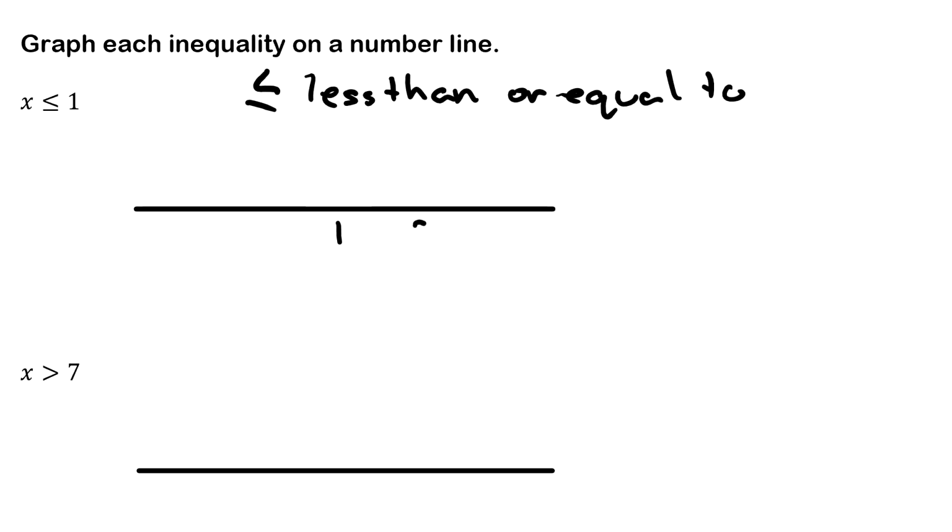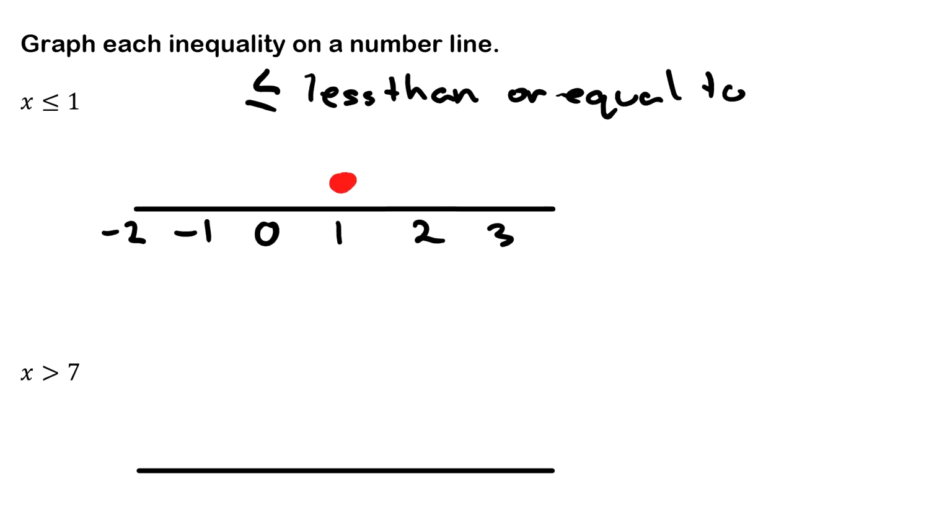I can then start writing things to the left and right of that. Now, I need to draw my circle above the number that we had. It is less than or equal to, so that means I have a solid dot, and then the arrow goes in the direction the arrow is pointing.